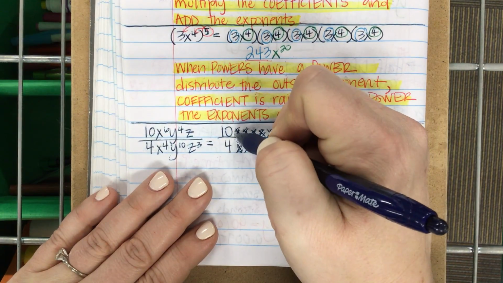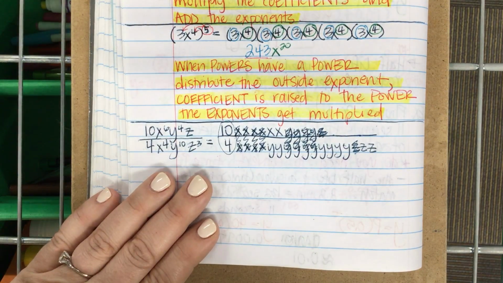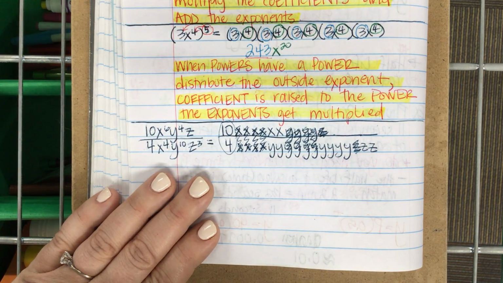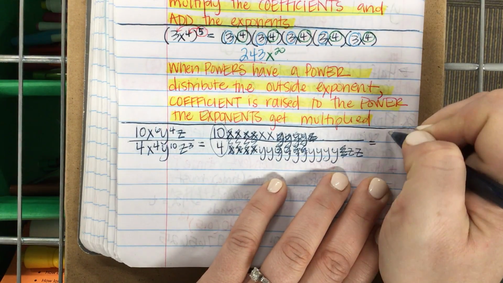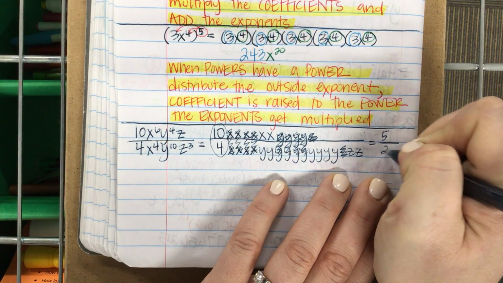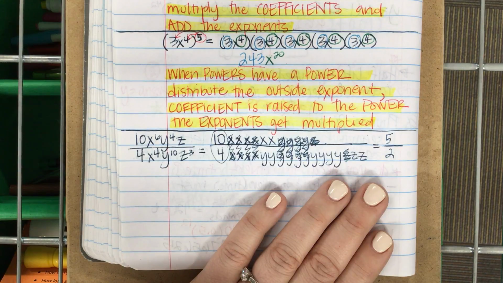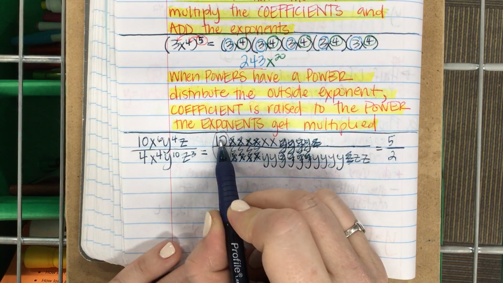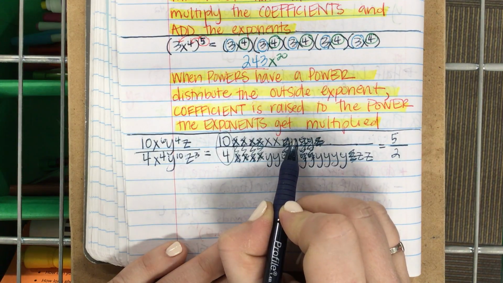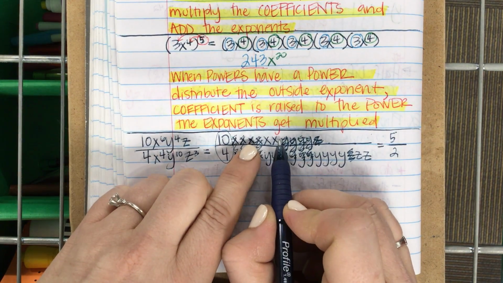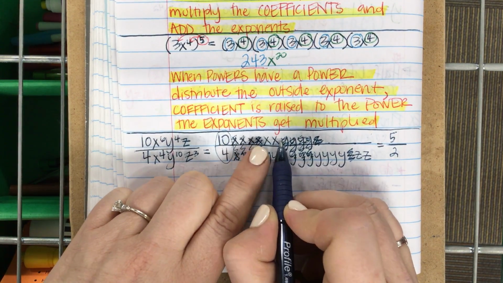However, I can look at this guy. Do you know anything about 10 over 4? 10 over 4 is also 5 over 2. What else is left in my numerator? X times x, and x times x is what?